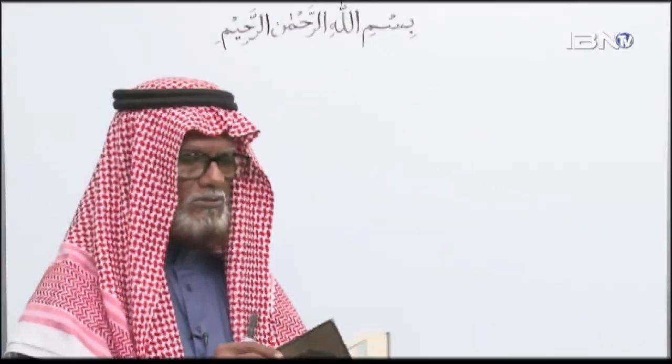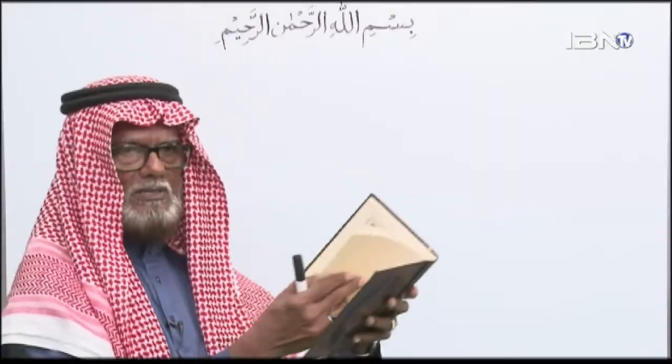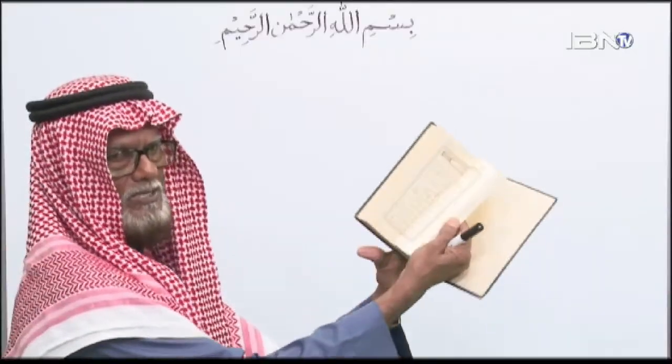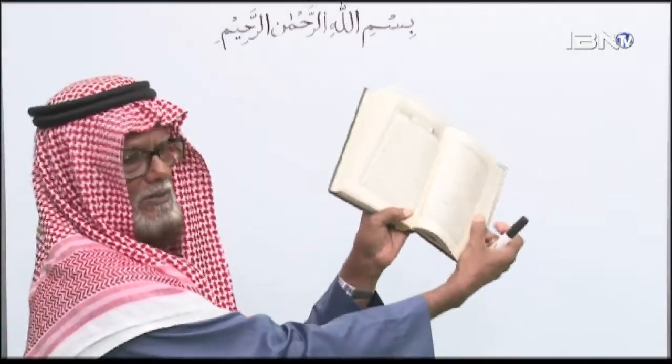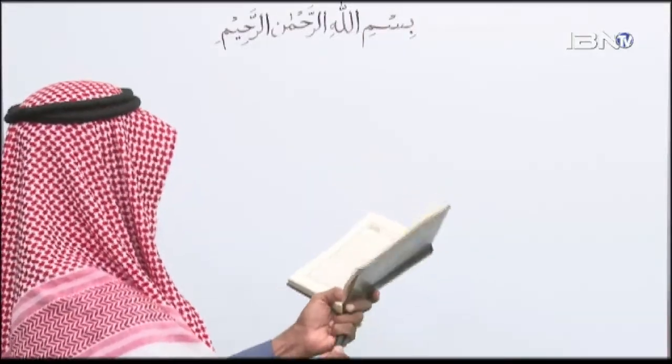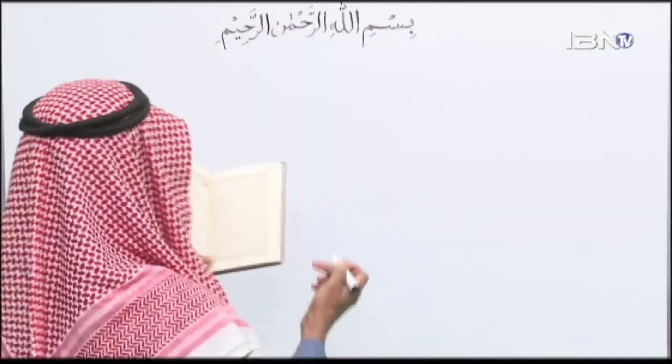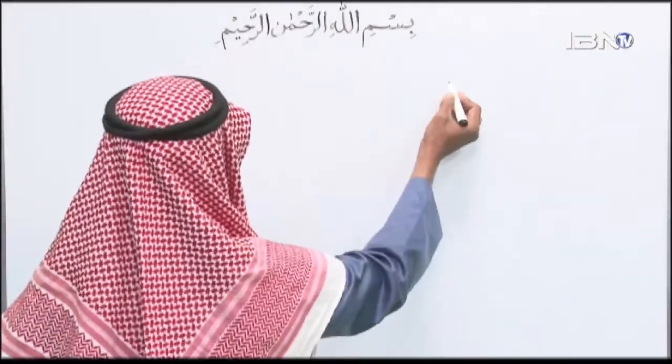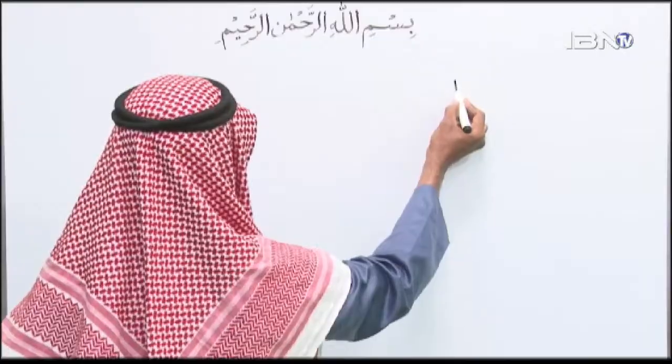So we will take a copy of the Quran, all right? And I want you to, let me show you, see the Quran here? Any page of the Quran, let me stop, right? Anywhere, all right? So let's say we are in page, we have to know the numbers. So let me write the numbers for you quickly.